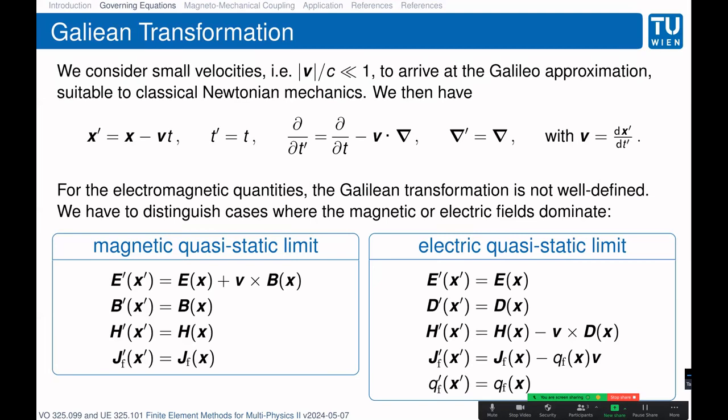So both sets of equations are correct, but only handle the respective special cases. The first is what we need when we have eddy currents, and the second is what we typically need in MEMS devices where we have strong electric fields that interact with the mechanical deformations.